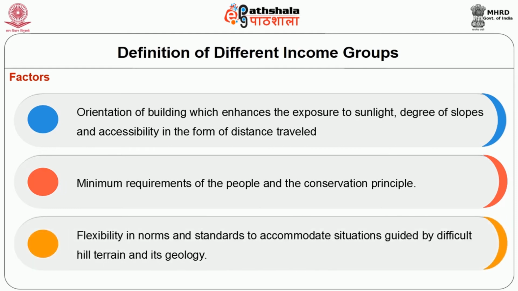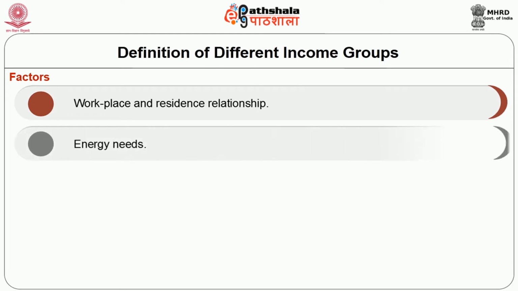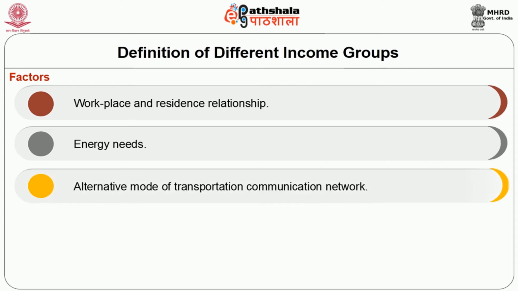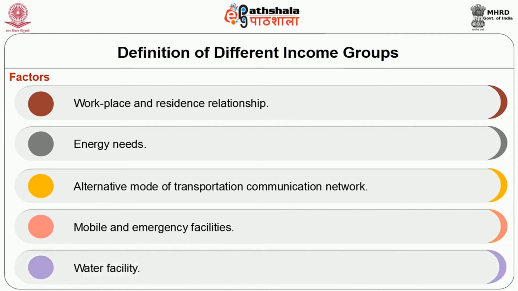Next is flexibility in norms and standards to accommodate situations guided by difficult hill terrain and its geology. Fourth is the workplace and residence relationship. Fifth is the energy needs. Sixth is alternative modes of transportation and communication network. Next is mobile and emergency facilities. And last one, the basic need, is the water facility.